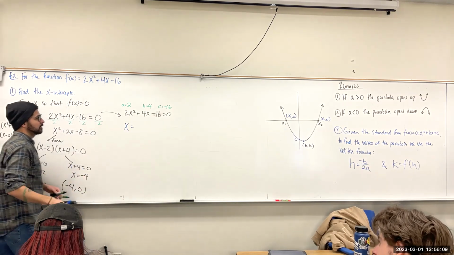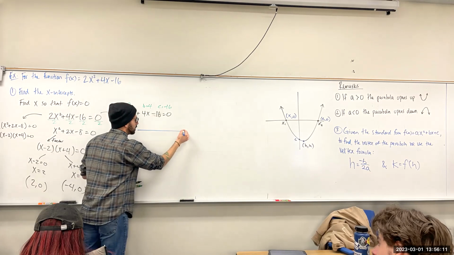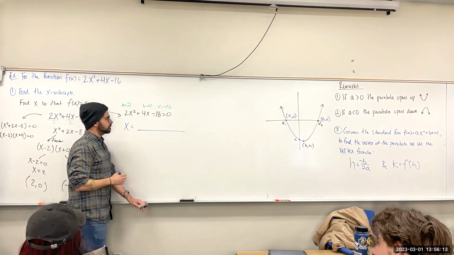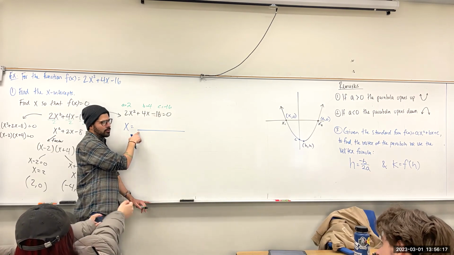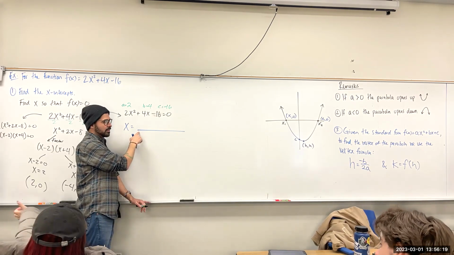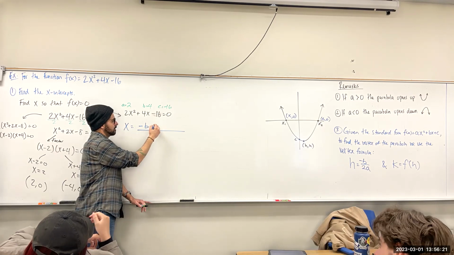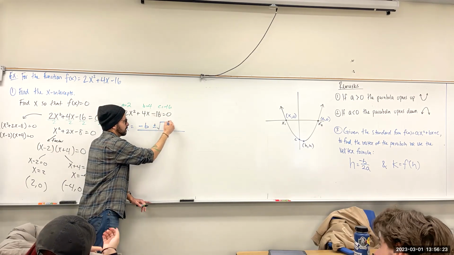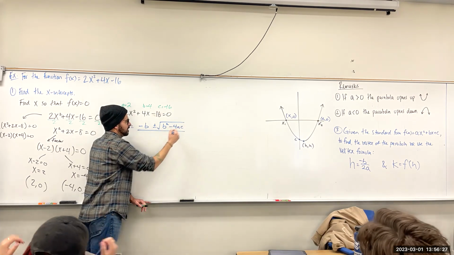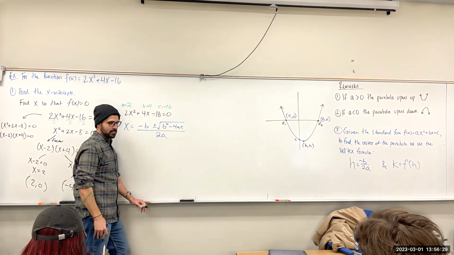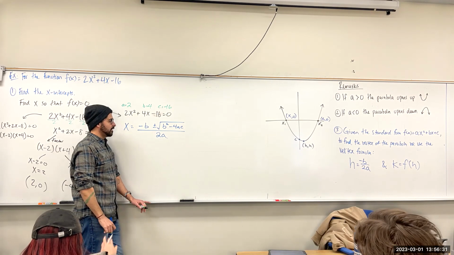Okay, so you use the coefficients, and there's a useful formula that helps you solve those x coordinates that we just found here. This really big, ugly fraction, okay? I heard there's a song, I never heard the song. But negative b, that's that formula.